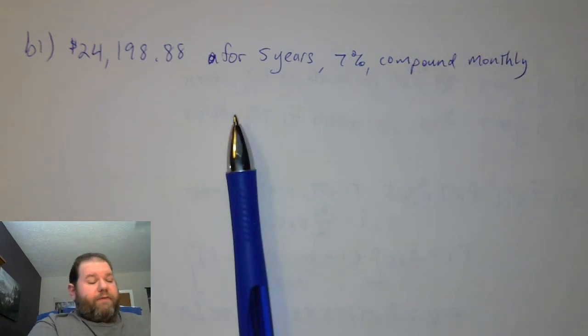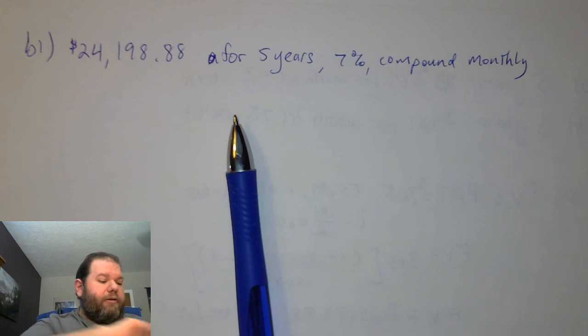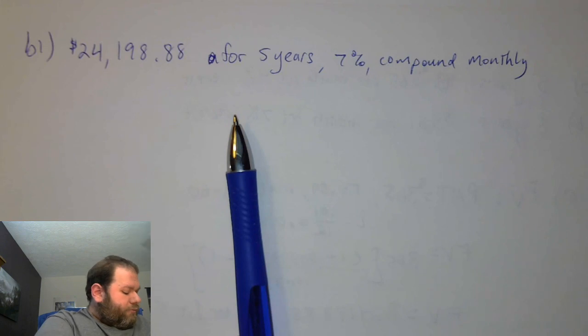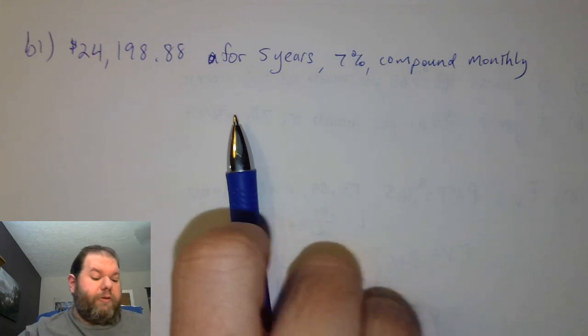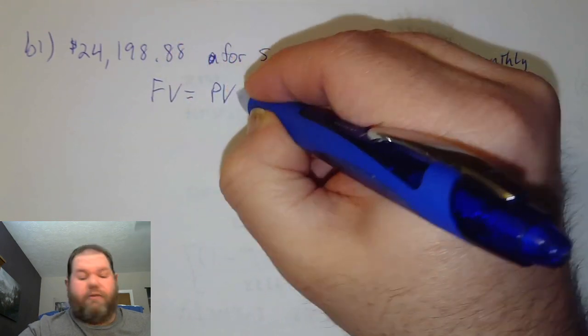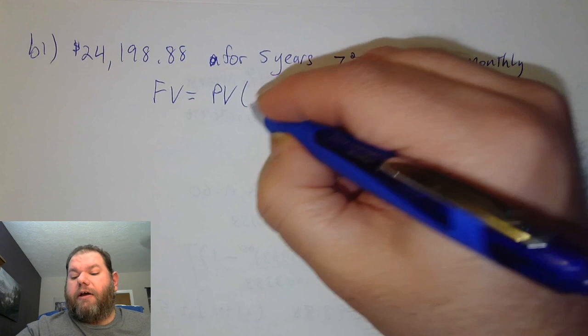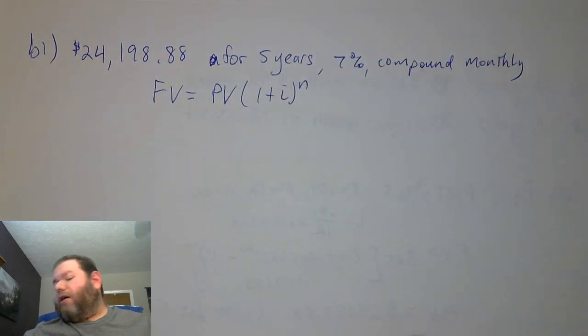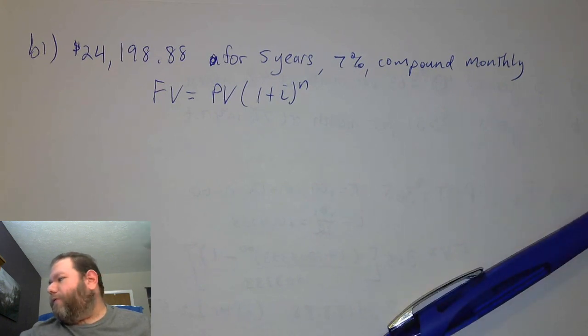So we back up a bit and we find our original compound interest formula, which I should know off the top of my head, but I don't want to give you wrong information. So the future value is equal to the present value times 1 plus I to the n. This is actually from week 5 practice, I believe.